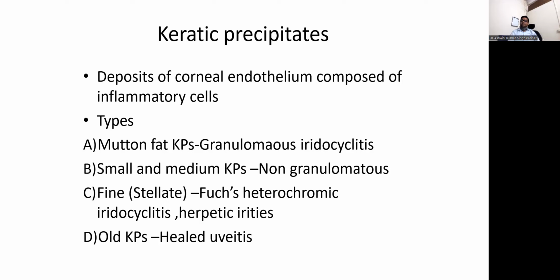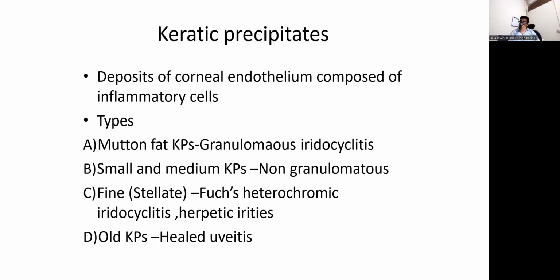For example, development of cataract. Sometimes the patient will present to you with a cataract, and when you examine, you will see several fine stellate keratic precipitates deposited over the endothelium. Then we discuss with the patient and ask if anything has happened. The patient will explain the previous symptoms and signs, from which you will be able to make out the uveitis features.